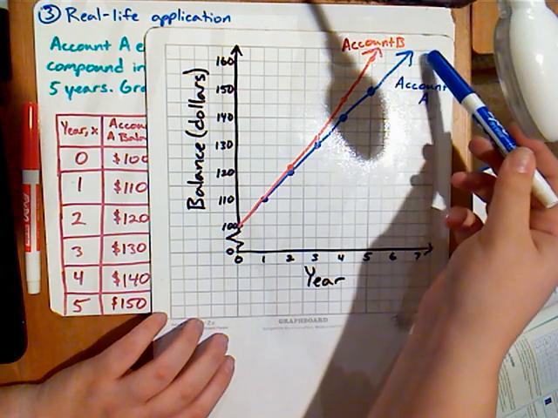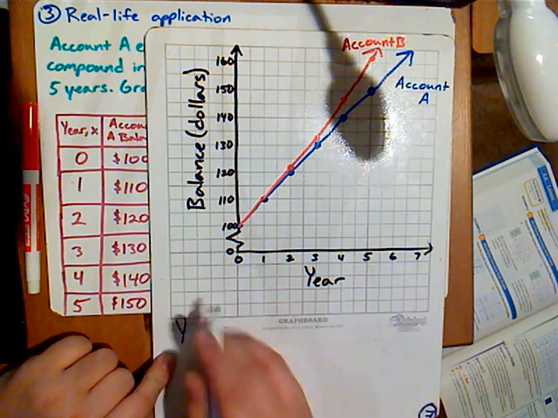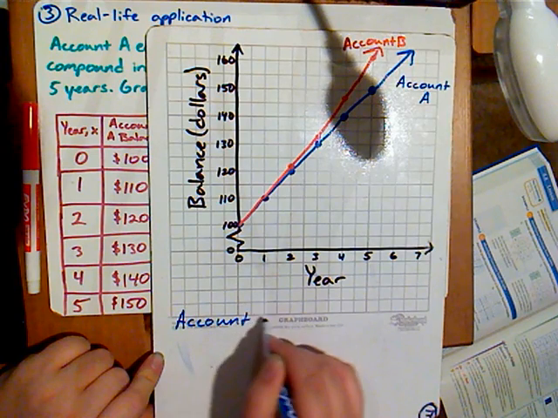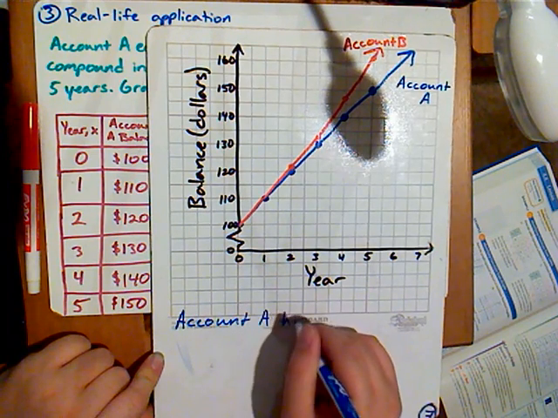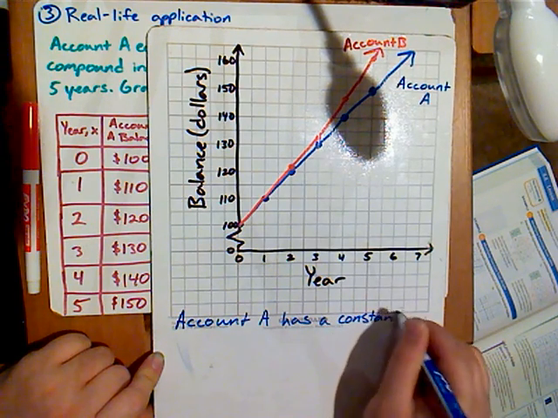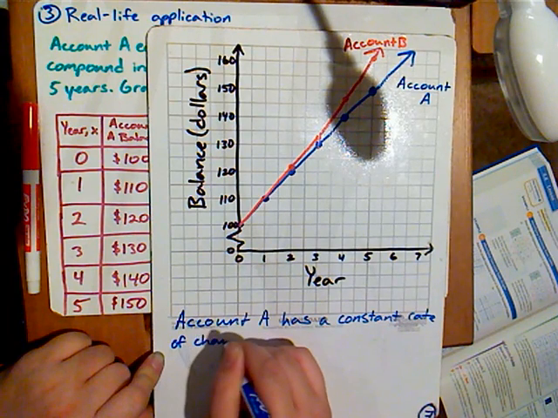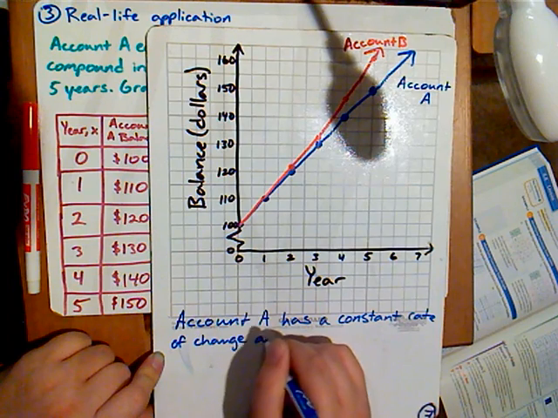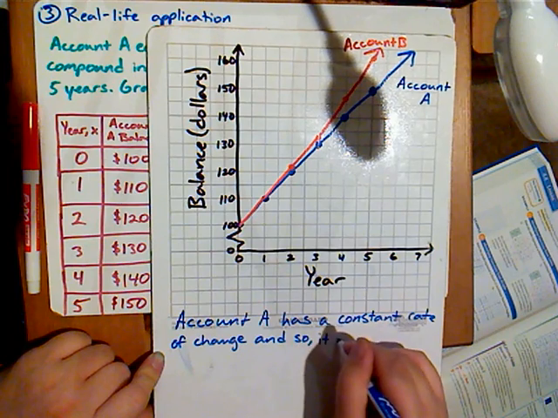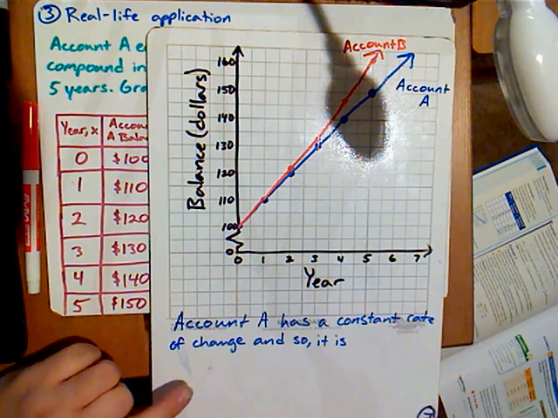It is a constant rate of change, and so account A is linear.